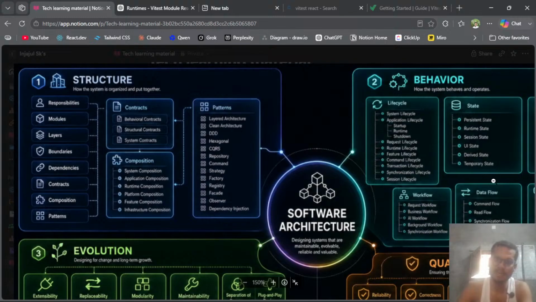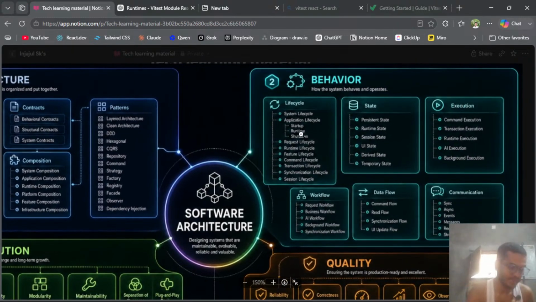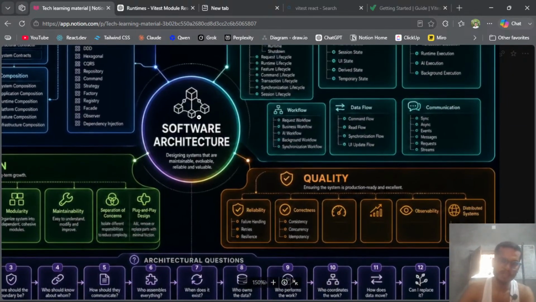Then you have behavior. The behavior part includes life cycle, state, execution, communication, data flow, and workflow. If you don't understand these things, you won't be called a developer, because you should know how your code works. Then, as I said, if you are in DevOps, you have to understand your quality.